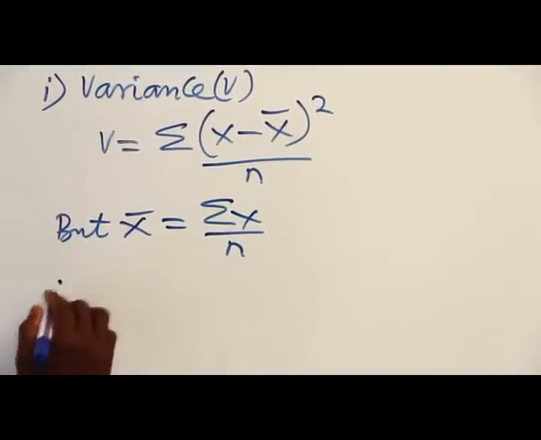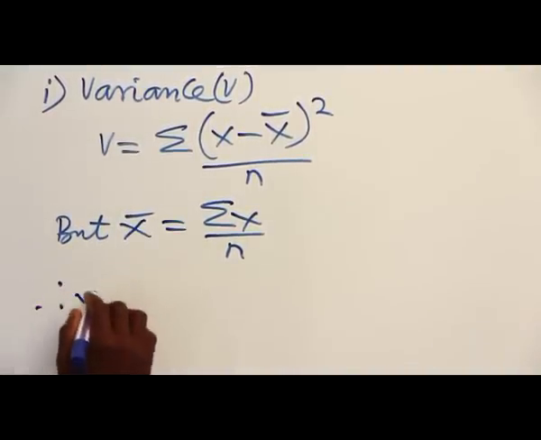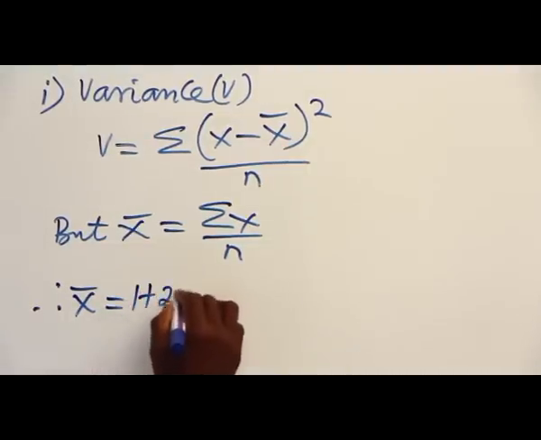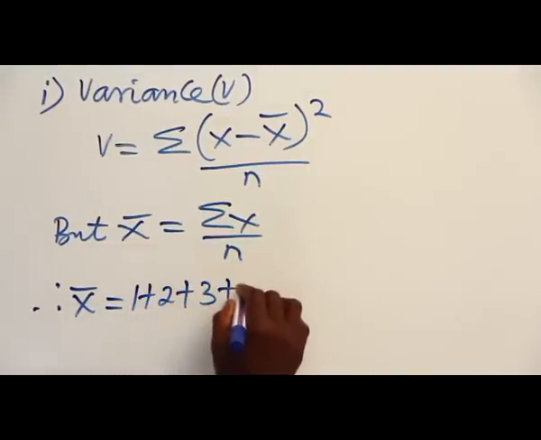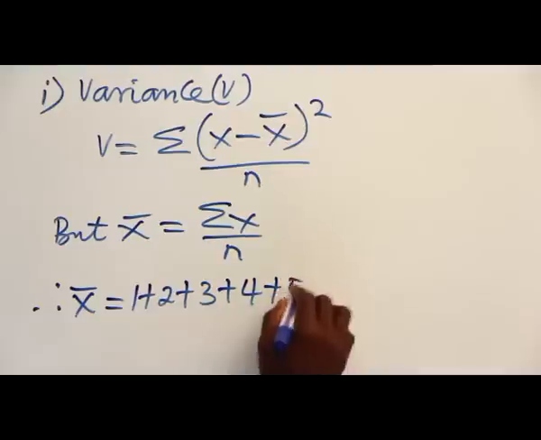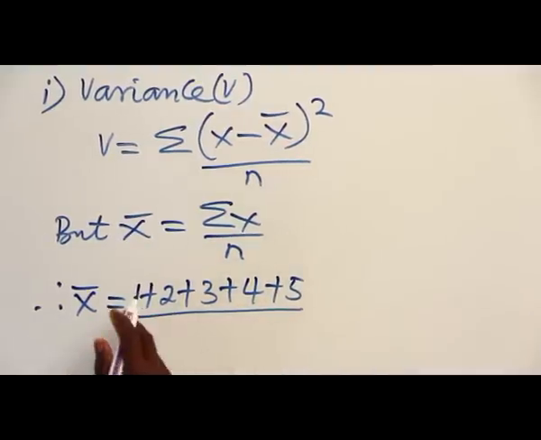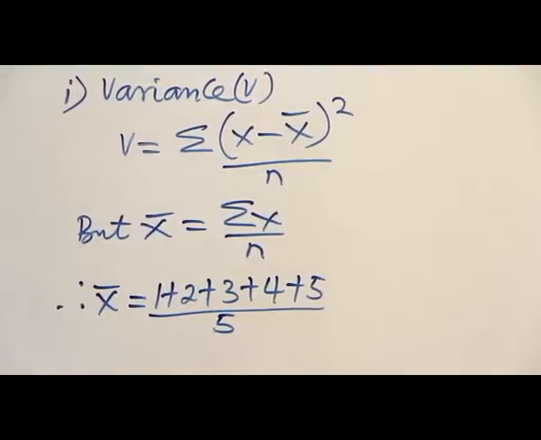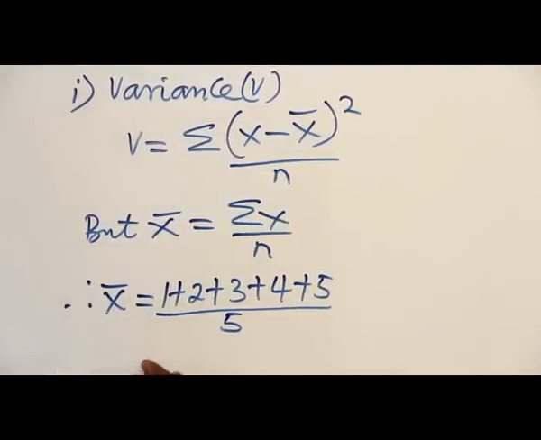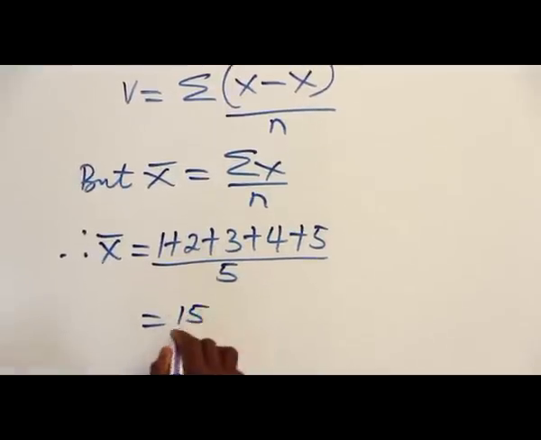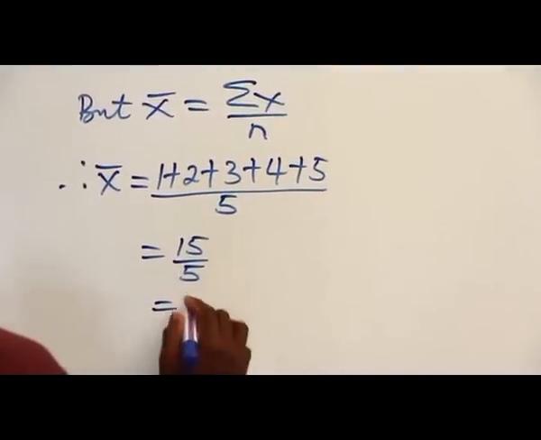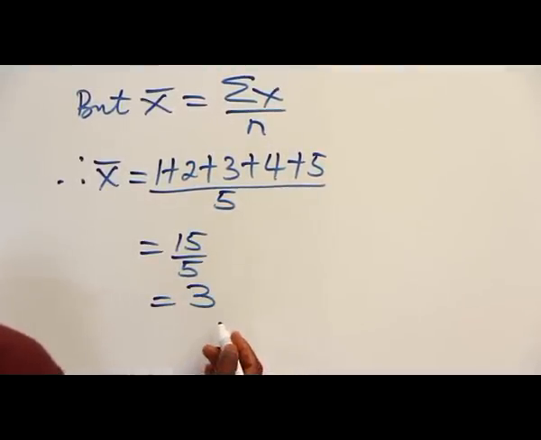So mean of x equal, add the numbers, 1 plus 2 plus 3 plus 4 plus 5 all over 5, because the items are 5. That of course will give 15 all over 5, and the mean is 3.